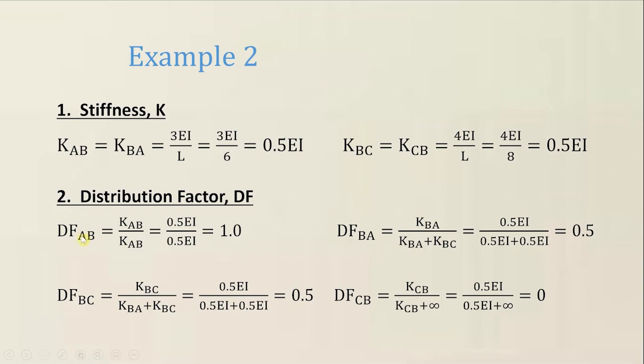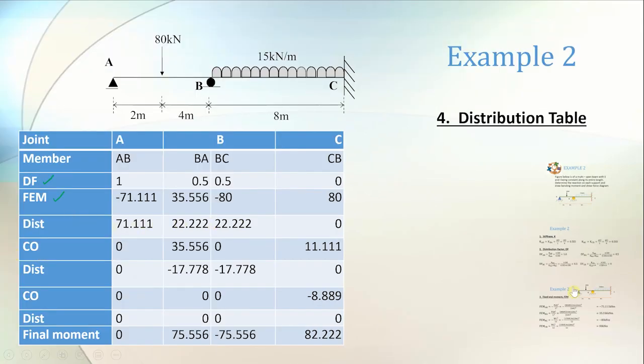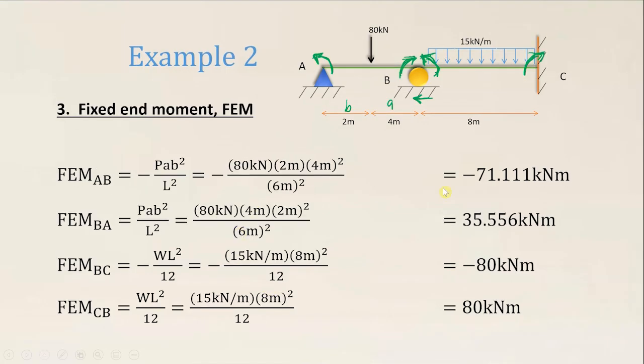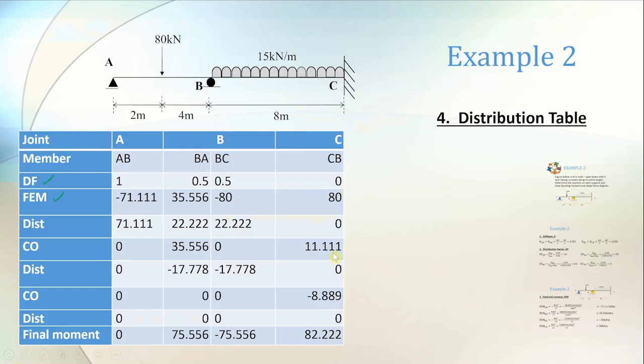So kalau A, B, then you fill in according to this. And same goes with the FEM. Ikut juga masukkan this value inside this distribution table. Then we can start to calculate starting from the distribution. Okay, this one is distribution and this one supposedly carry over.